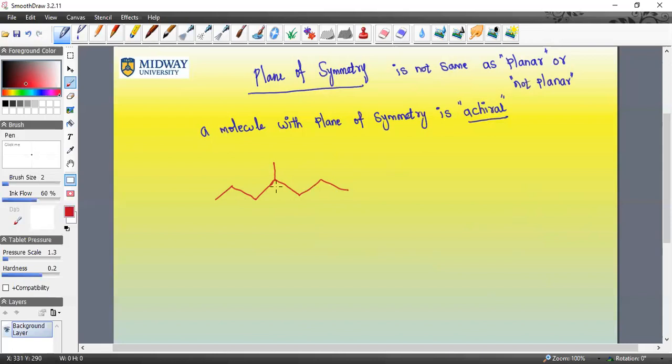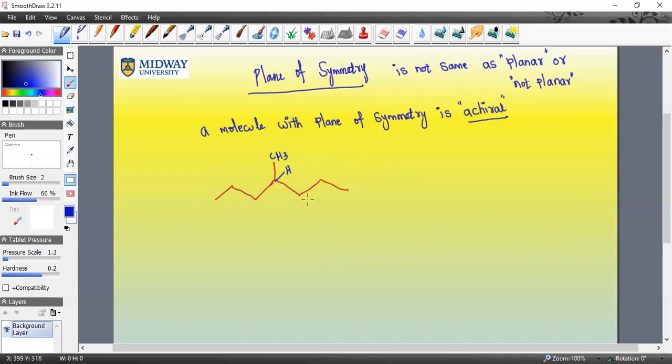At first it might seem chiral, because this carbon is attached to a hydrogen, a methyl, and this group on this side and this group on this side. Visually it could be a chiral carbon, but it is not, because they're exactly the same on both sides.